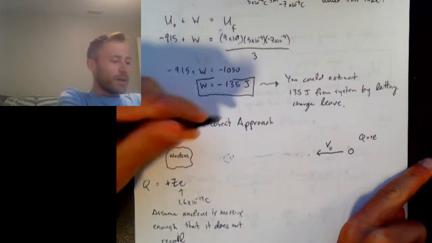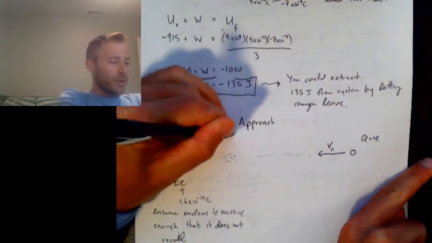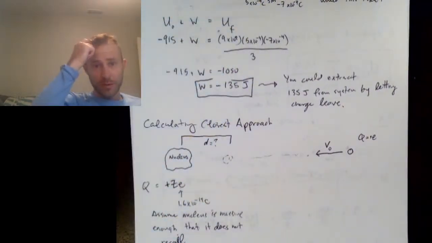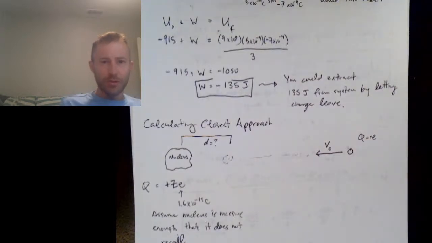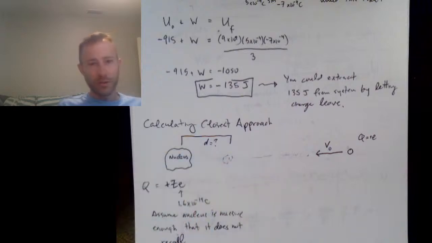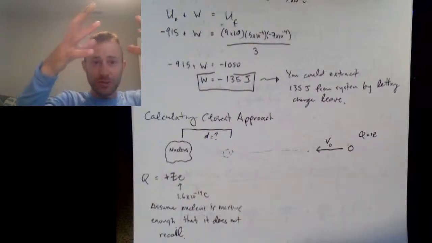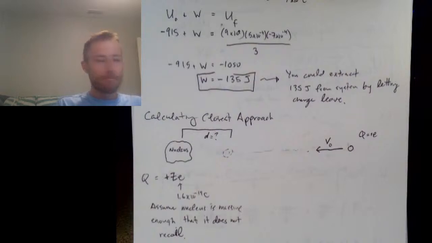And so what we want to know is, what is the distance of the closest that it gets? The problem is a little bit more complicated if we take into account the recoil of the nucleus. So that's why I'm saying let's assume that the nucleus is massive enough that it just stays put.